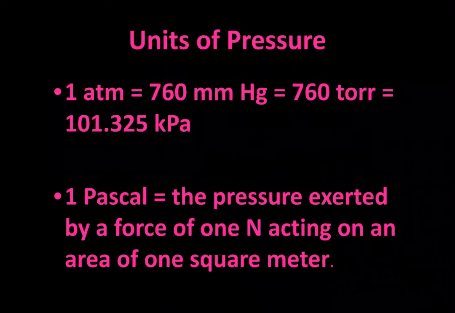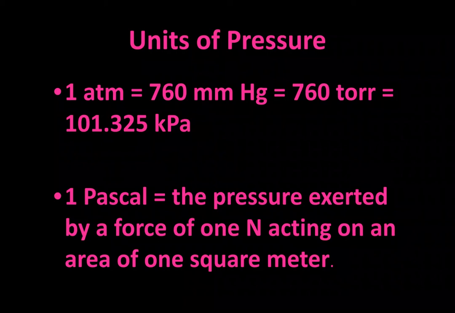So some other units of pressure. We've got 1 atmosphere. That's equal to 760 millimeters of mercury, which is also equal to 760 torr, or you could say 760 torr is equal to 1 atmosphere. These are all also equal to 101.325 kilopascals. Now, sometimes you'll also see pascals.